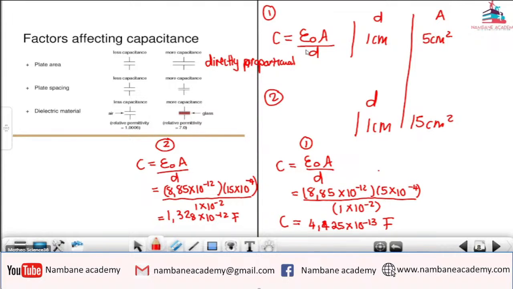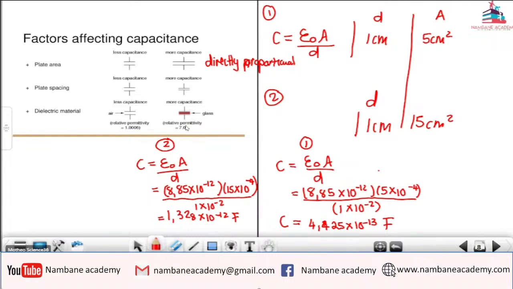So if you are not someone that likes to cram, then understanding is the best way to go. The dielectric material depends on the type of material it's made out of. If it is air, it is 1. But if it is glass, it is 7.